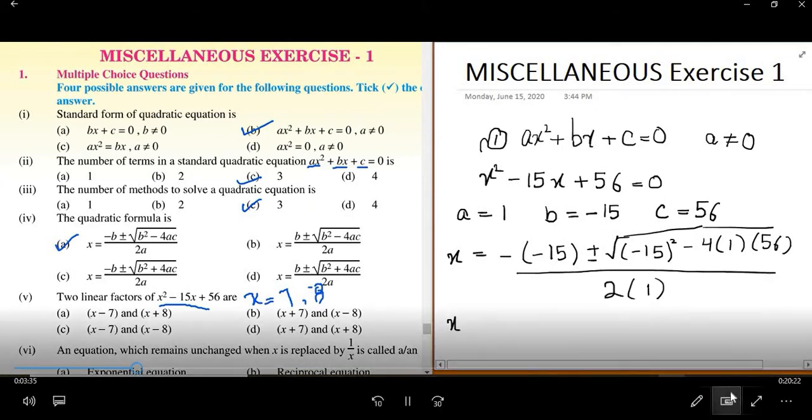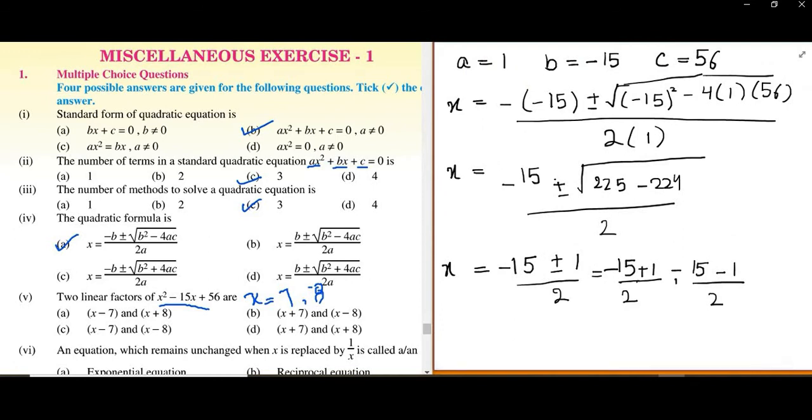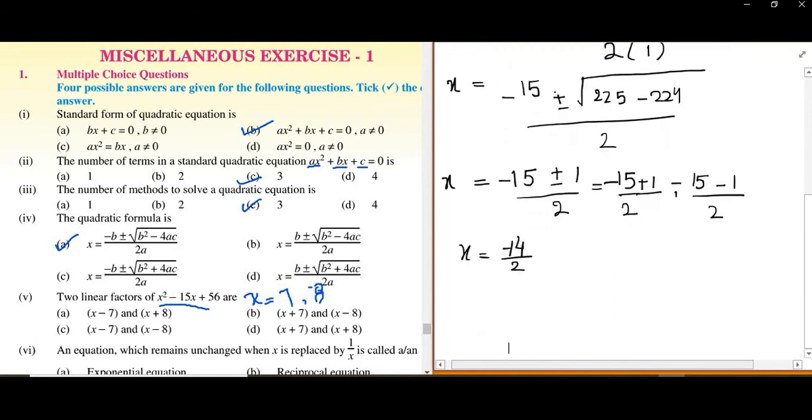x equals to 15. Okay, equals to minus 15 plus minus 1 by 2, that is minus 15 plus 1 by 2 and minus 15 minus 1 by 2. This becomes minus 14 by 2, and the second is minus 16 by 2.